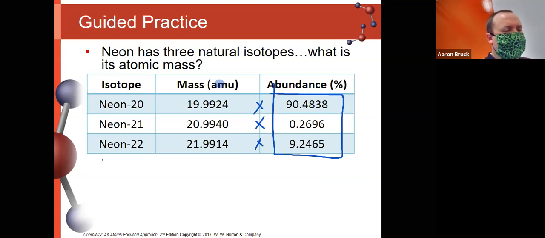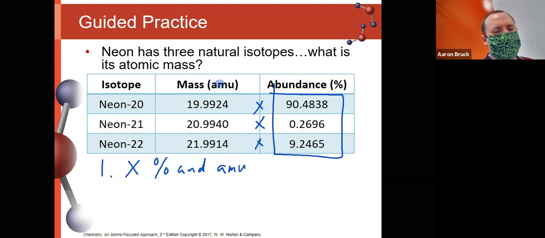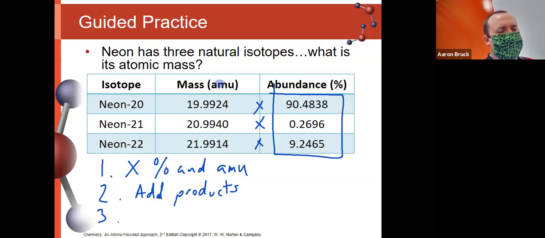So the steps are simple. 1, multiply percent and AMU. 2, add the products together. 3, divide by 100 to get rid of the percents.